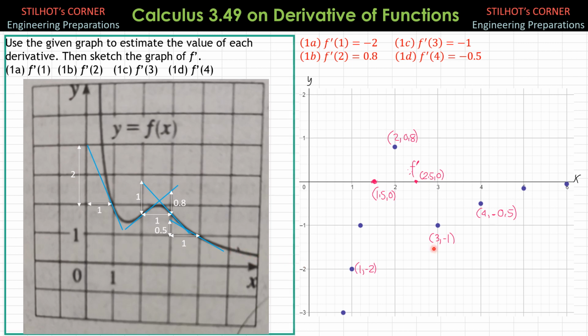So it approaches 0 because as we move on, the tangent is negative but decreasing. It is almost horizontal when x is infinity. So that's why it is almost 0 when x approaches positive infinity, but still negative. So connecting these points with a smooth curve, and this will be the sketch of f prime.